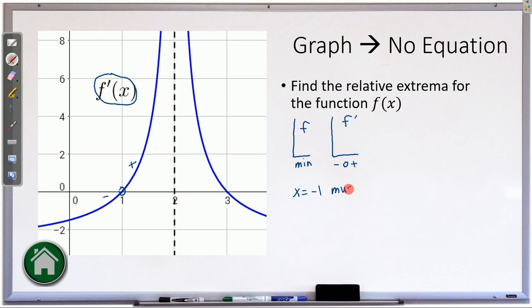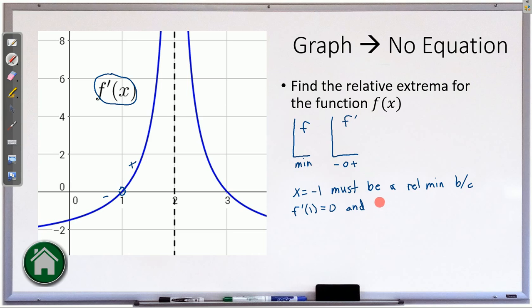So I'm actually going to write out the whole thing with the justification. Must be a relative min because, so the first thing we looked at was f prime of 1 is equal to 0. That makes it a critical point.